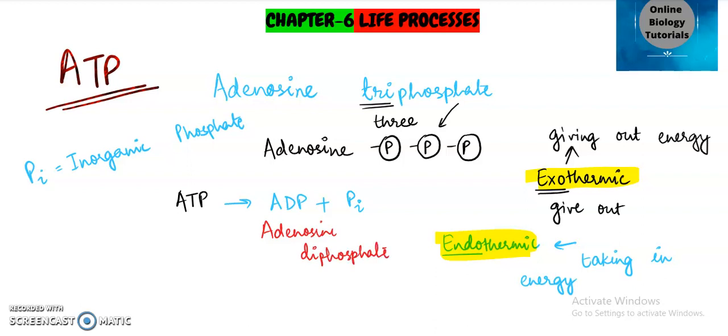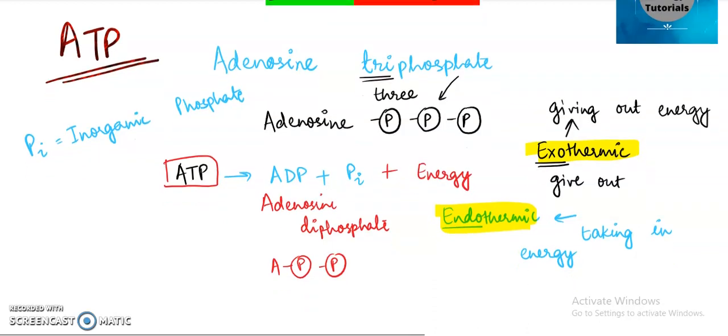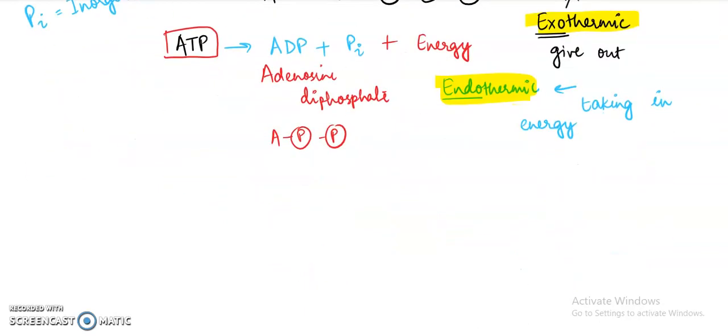So we have seen that ATP can break down to form ADP, because now adenosine is united with two phosphates. One phosphate has been separated and this will give us energy. Further, this ATP has broken down already.